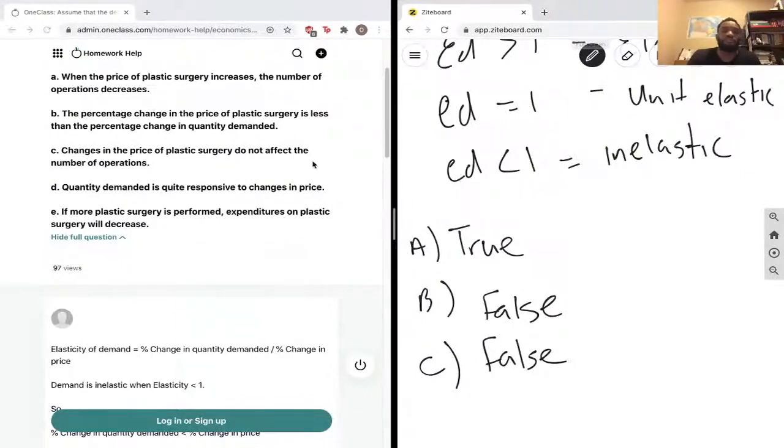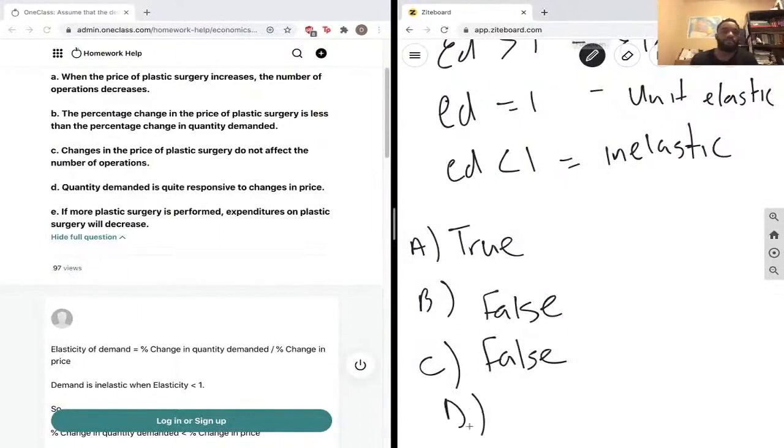So it's not really affecting the number of operations. But because, again, we know it's inelastic, a change in price should actually decrease or increase the quantity demanded, depending on if price is increasing or decreasing. If price were increasing, quantity demanded would decrease, and if price were decreasing, quantity demanded would increase.